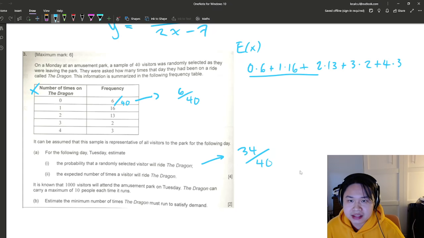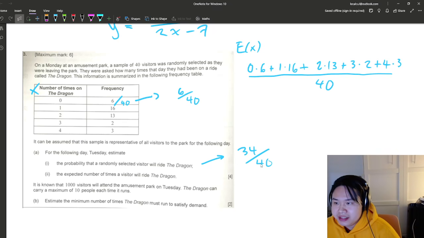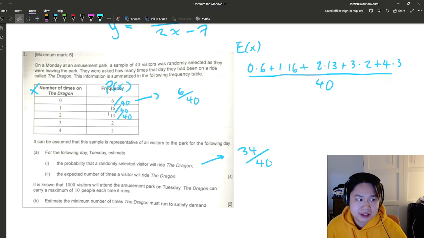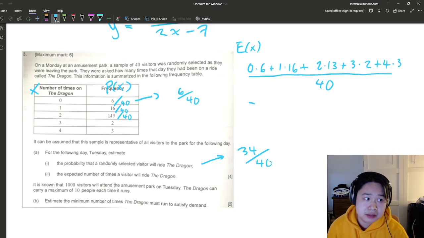And then I'm going to divide everything by 40 here. You don't have to do that. You can work with fractions instead and write each one of these frequencies as out of 40, and then that turns it into the probability. Then you multiply these together like a standard expected value. But it's the same thing.